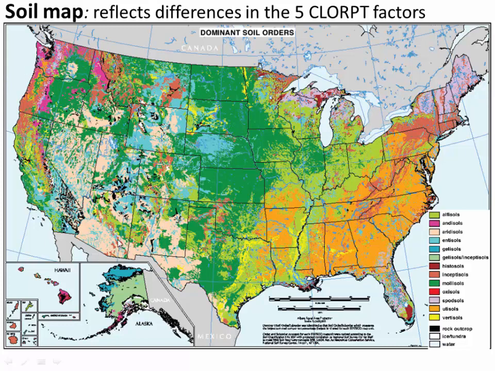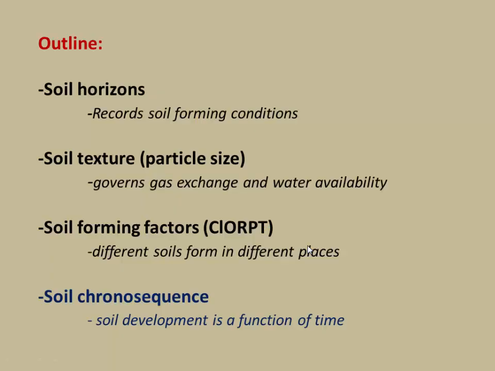We know that it's very dry in the desert Southwest. Likewise, we know in these high mountains of the Rockies, it's very cold and kind of alpine conditions, and we get these blue soils. So depending on the conditions in different parts of the United States and the world, we're going to get very different soils. We won't go into this in this class, but you could take a soils class if you're interested.